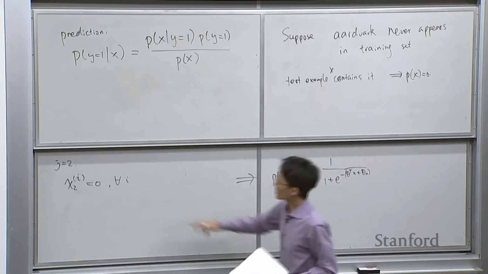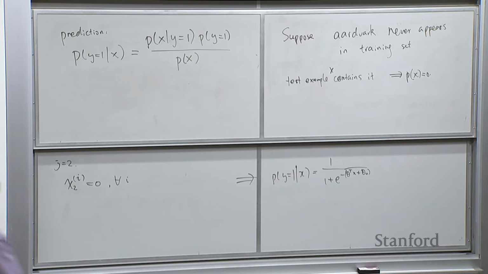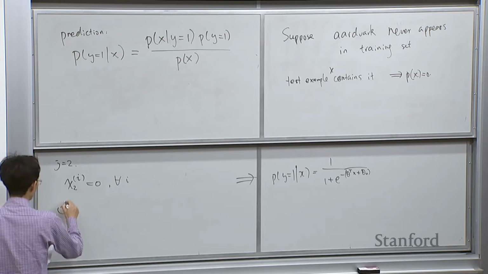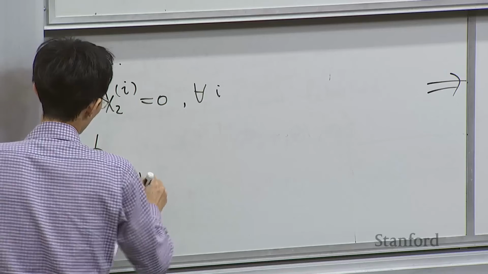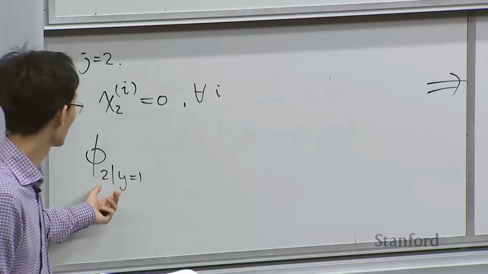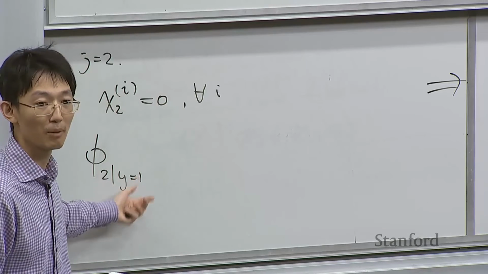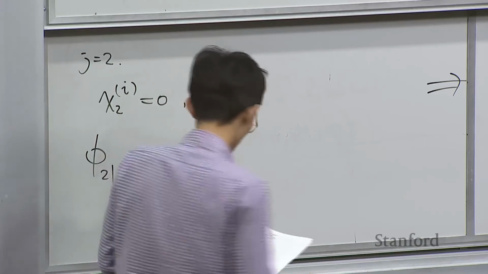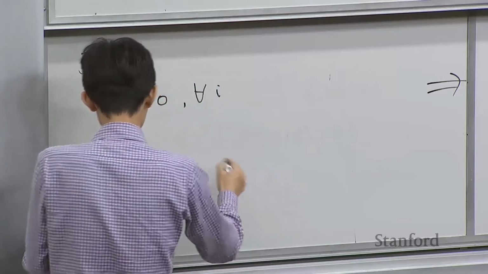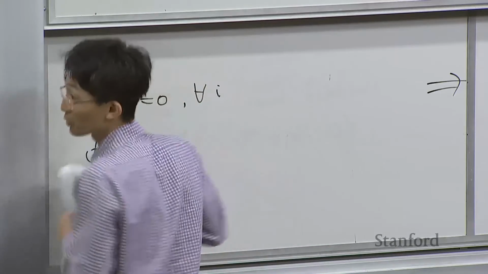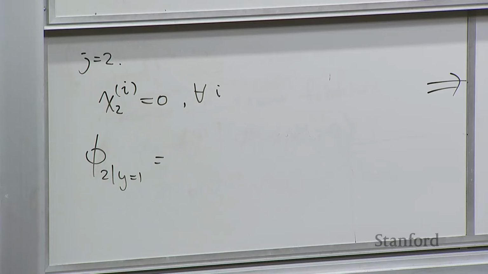And when the x2I is 0 and you plug it into this formula that tries to estimate this parameter, suppose let's try to estimate the parameter phi 2y is 1. Right? This parameter intuitively means how likely the second word will show up in a positive example. And recall that this formula is really about the total number of occurrences that ith word shows up divided by the total number of positive examples.